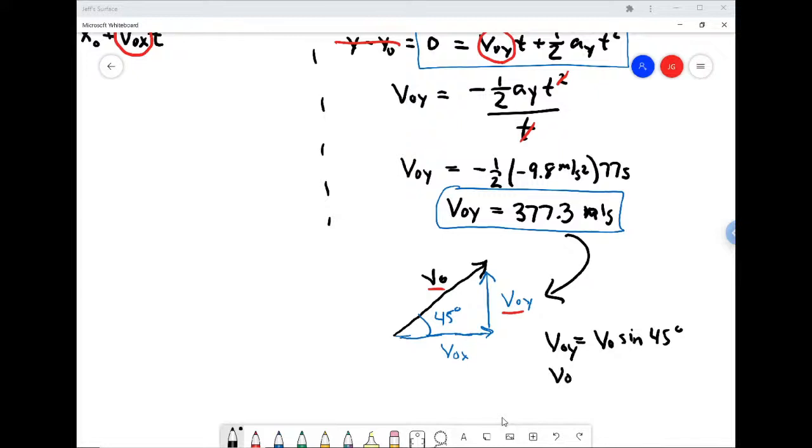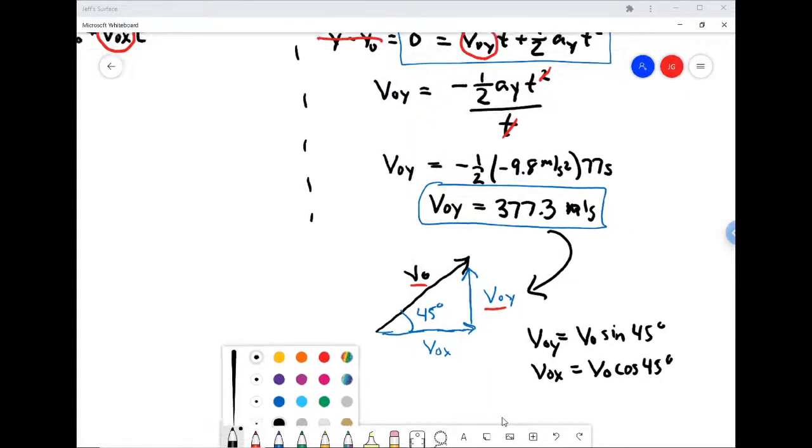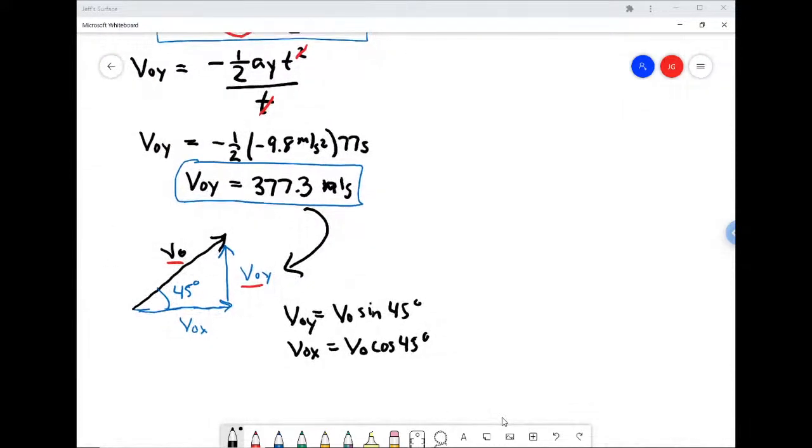And we know the x component is V naught cosine of 45 degrees. Okay, so let's go over here a little bit more. So let's plug this in down here and solve for V naught.